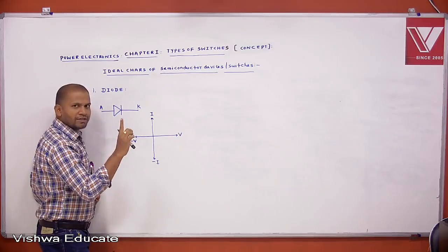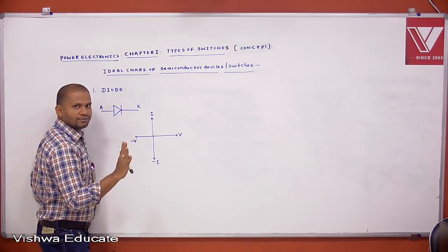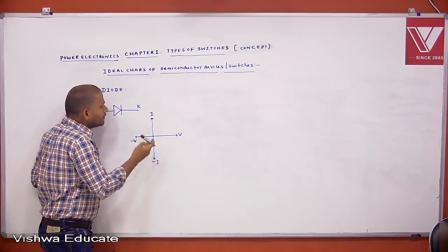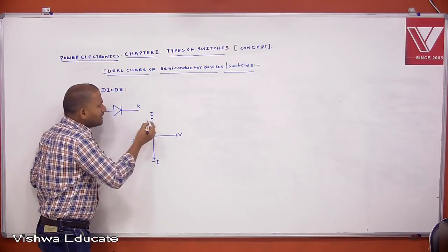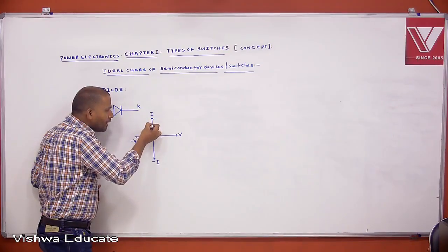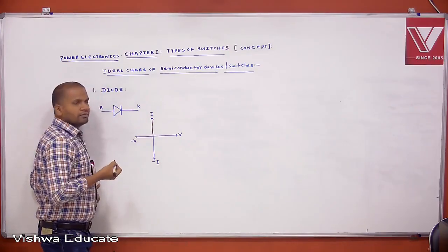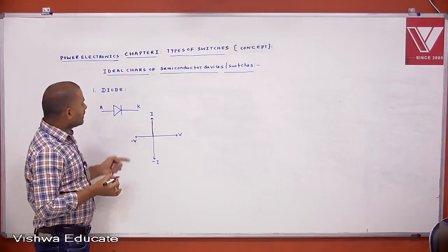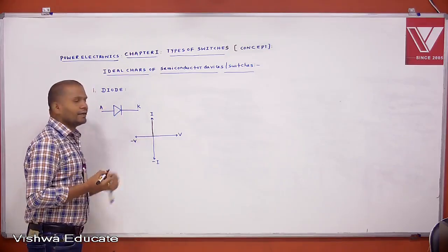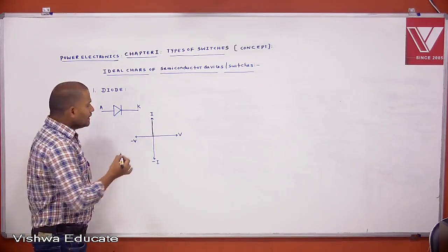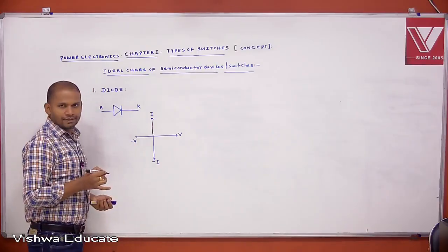If only one device is present, it conducts only in one direction. That is the forward current. That means a diode allows the forward current. Then how to draw the voltage characteristics?